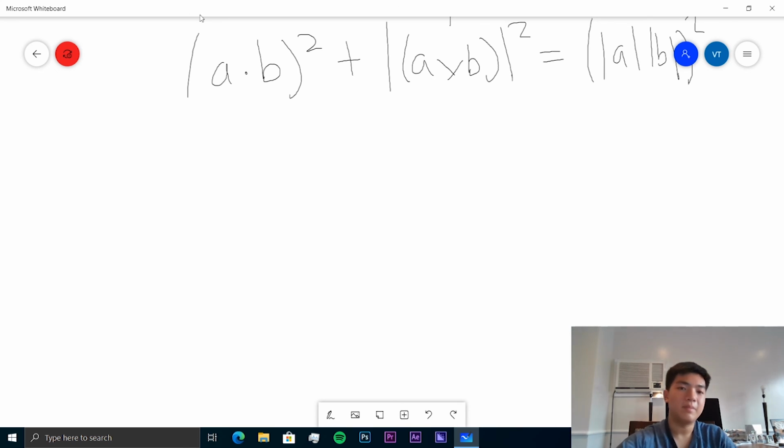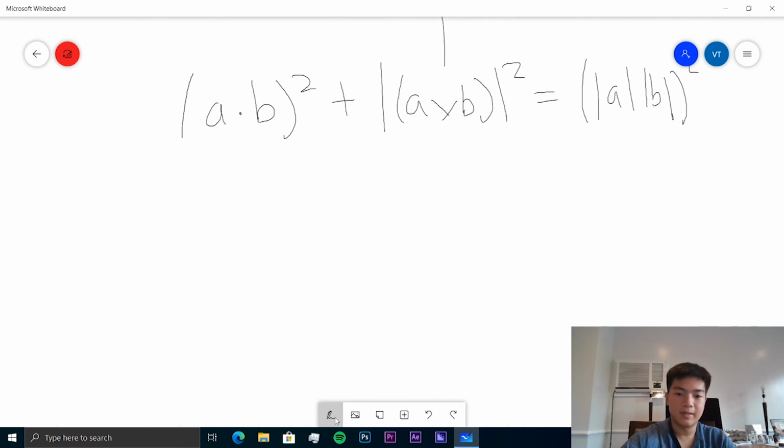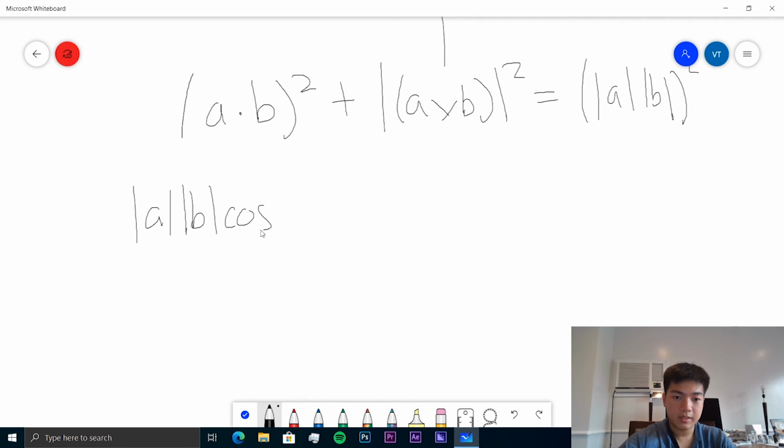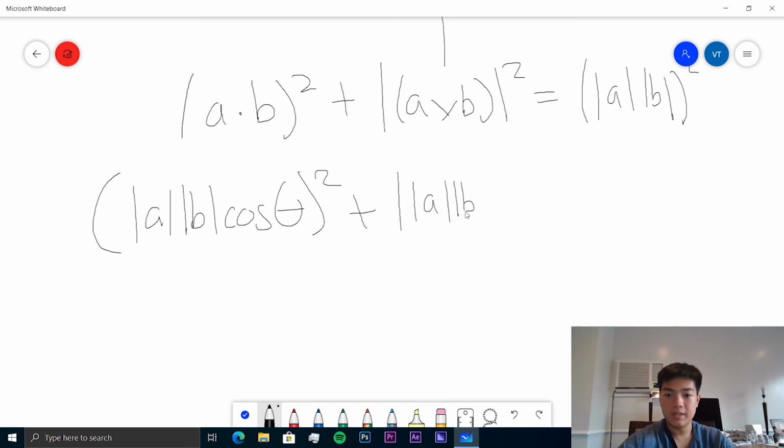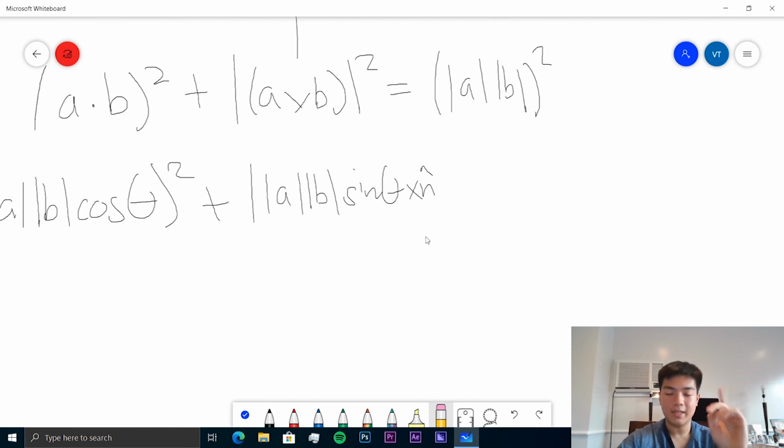We have a dot b squared. This is equal to ab cosine theta squared plus a times b is equal to ab sine theta times n. Oh, okay, so this isn't that hard actually. But n is only the direction vector. So if we're only getting the magnitude, here's a hint. If you're only getting the magnitude of a vector product, you don't need this n.